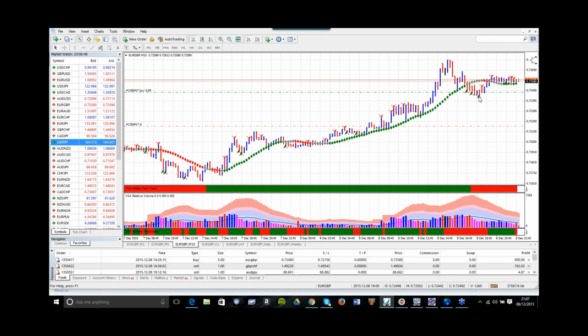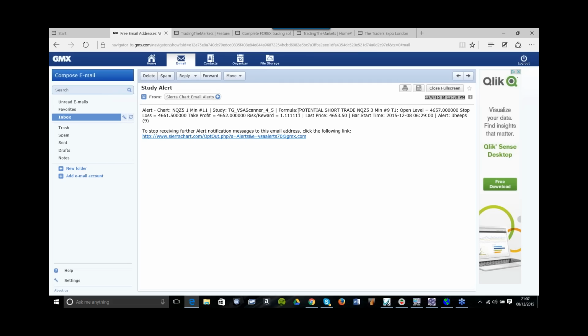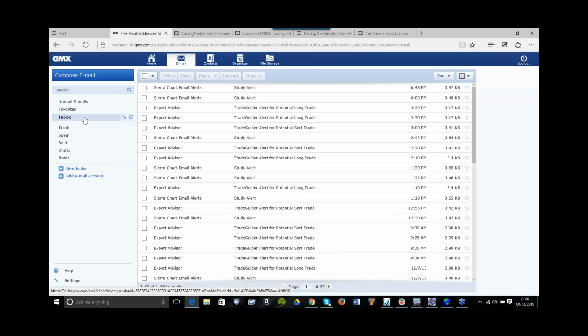So we hide nothing. We show you the actual email as Gavin's shown you. We set it up on the screen with trigger numbers and also the price at the time.